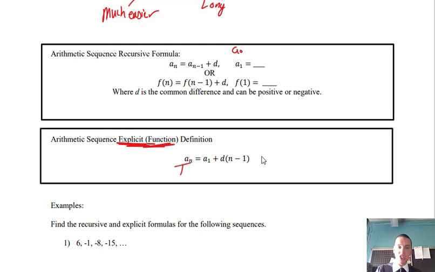So this is our term, our value of the term. This is our first term. This is our common difference, what we're adding or subtracting. And n is the term number, as in which term it is. The a sub n is the value of the term. Notice that we're subtracting 1 because we're starting at the first term, not the 0th term.